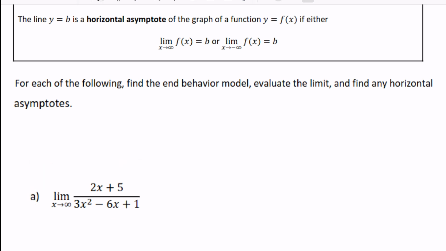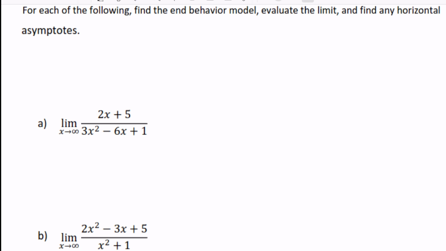In this case, we want to find the limit as x approaches infinity of this particular expression. Again, we are going to apply the end behavior model: we consider the numerator and pick the highest power of x on the numerator, which is 2x, and pick the highest power of x on the denominator, which is 3x squared.